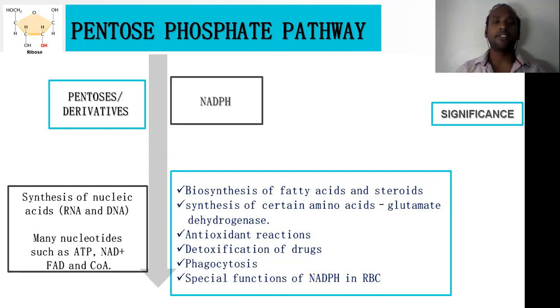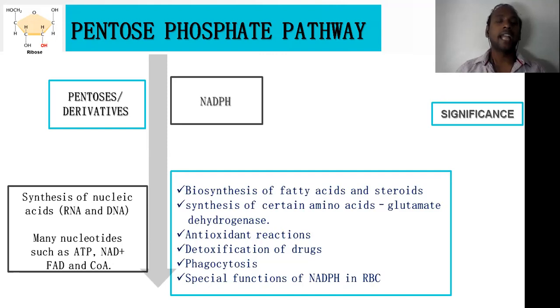First, the function involved in fatty acid and steroid synthesis, which I already discussed in a previous slide, right? And it is also important for the synthesis of an enzyme from certain amino acids, that enzyme is glutamate dehydrogenase. So this particular enzyme also requires NADPH.